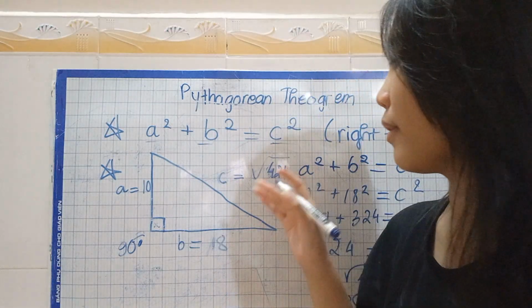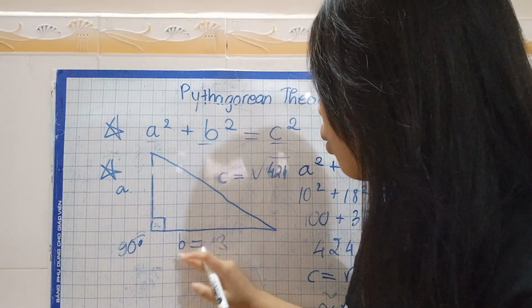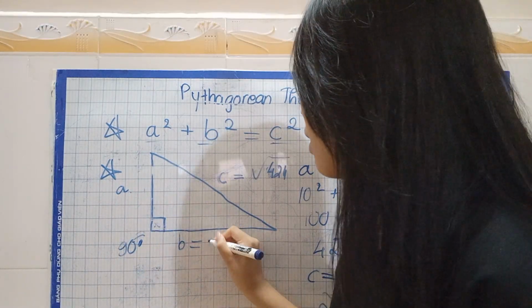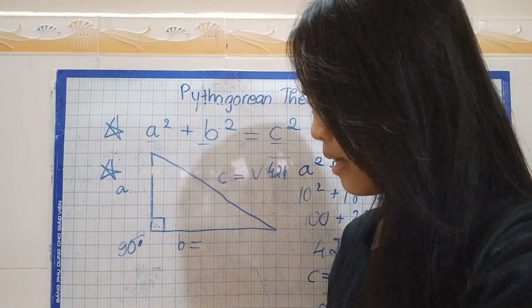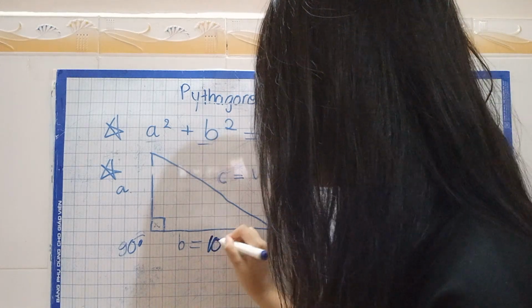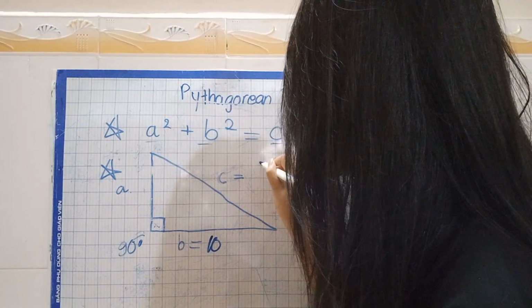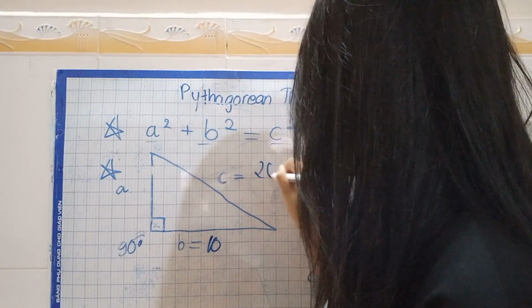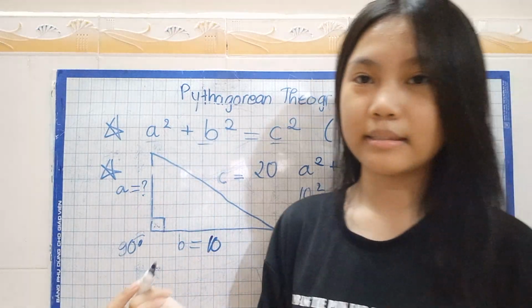So let's do one more example. Now, in this case, we do not know what a is. We know b is, let's say, 10, and c is 20. So how do we find a? We want to find a this time.